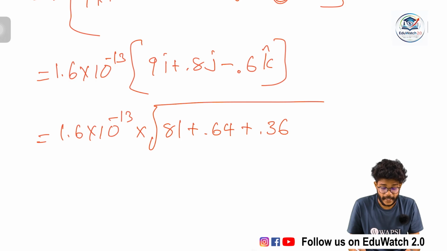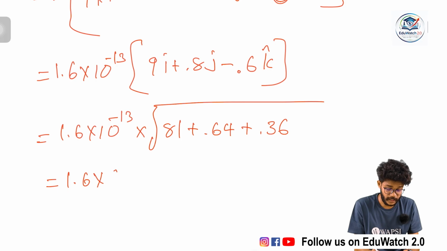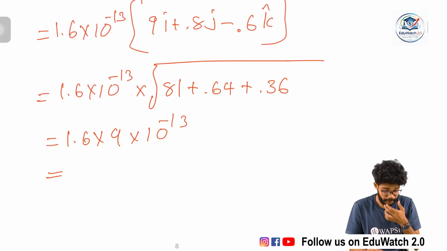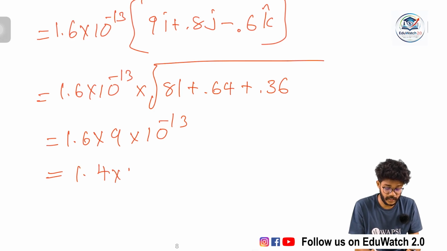Okay, 0.64 plus 0.36 is 1. So 81 plus 1 is 82. So root 82 is approximately 9.1. So it is multiplied 1.6 into 9 is approximately 14, so 1.4 into 10 raised to minus 12 is the approximated value.